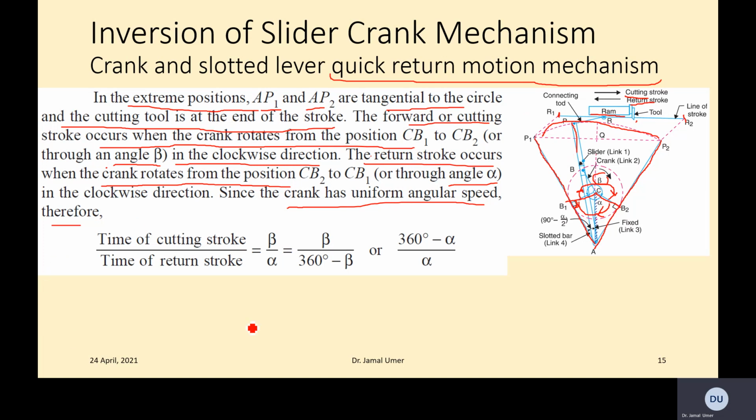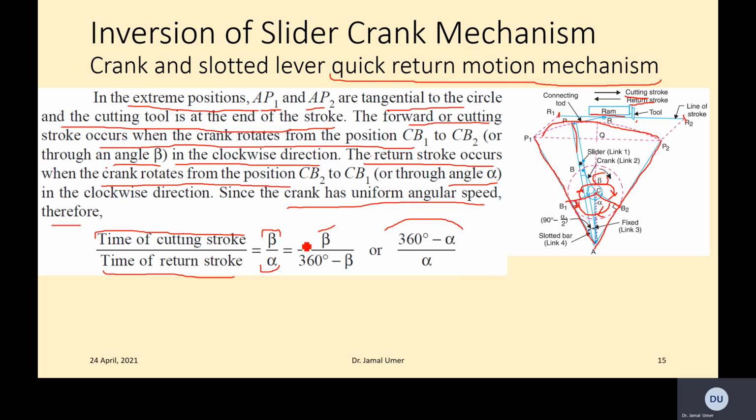All right, so if you consider the time of the cutting stroke and the time of the return stroke: for the cutting stroke, beta is covered, and in the return, alpha is covered. The total is 360, so alpha is 360 minus beta, and beta is 360 minus alpha.